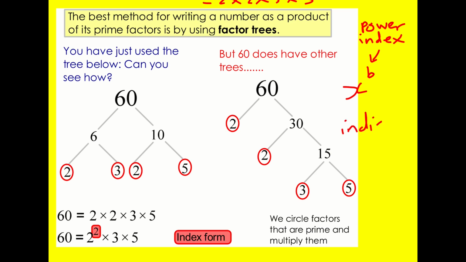So if you're asked to write something in index form, it means you can't just leave it as this. You have to get it in like that. 2 times 2 is 2 squared. Be really careful. The other thing that it is sometimes called, as well as power or index, is the exponent. That's probably the one you've not seen before. Exponents. So be aware of powers, indices or index, and exponents.